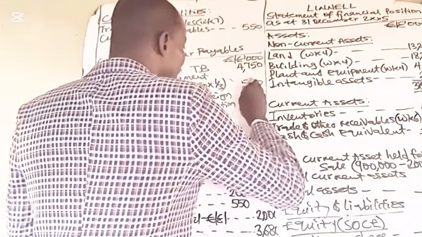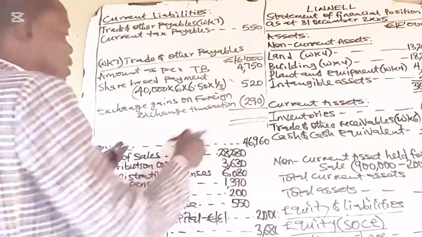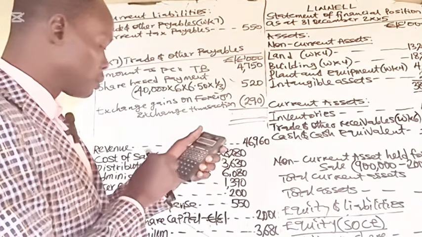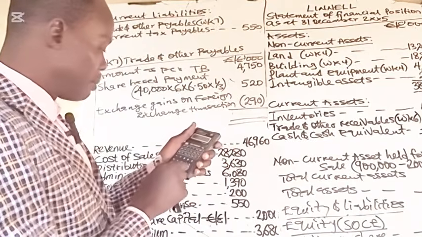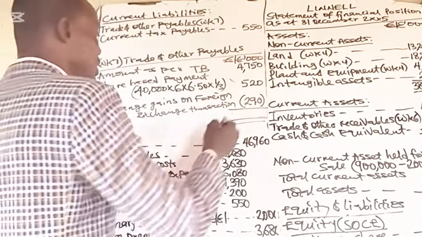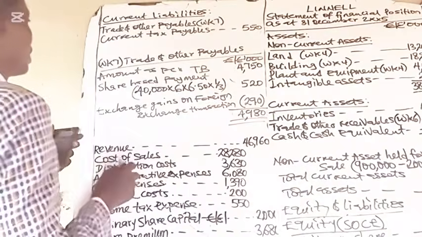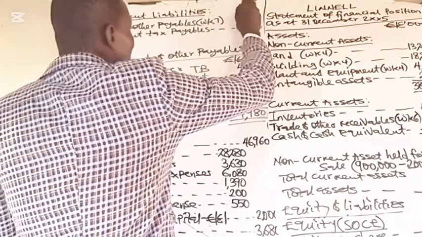To debit the liabilities with that sum means you are subtracting it. So that is why we subtracted the 290, which represents the exchange gains for the period. 4750 plus 520 minus 290 gives us 4980. So trade and other payables is 4980.